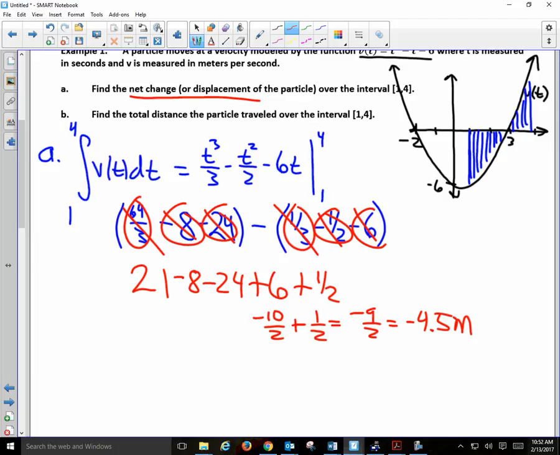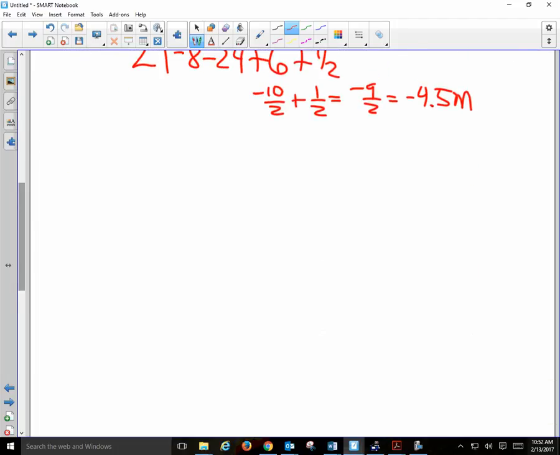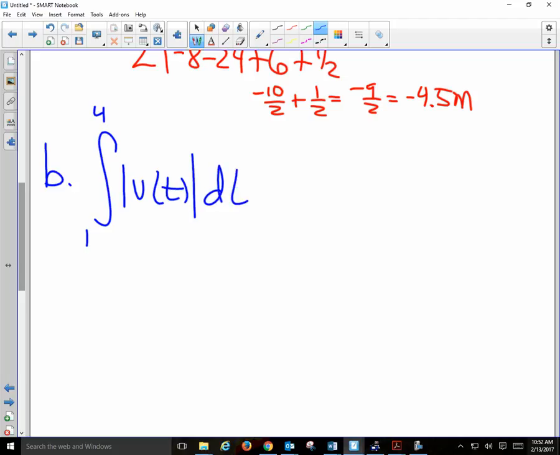So in order to find total distance traveled, this is the other part that you will see on the AP exam. We have the integral from 1 to 4 of the absolute value of v of t dt.